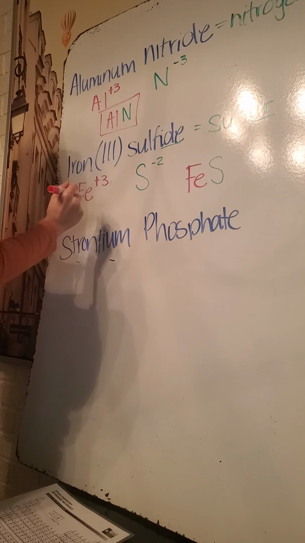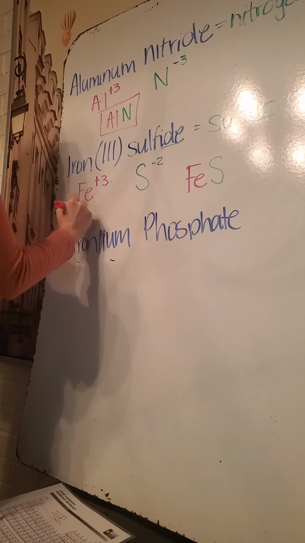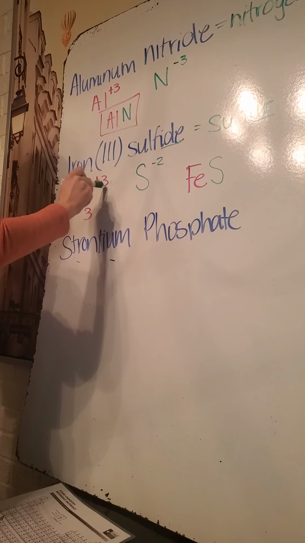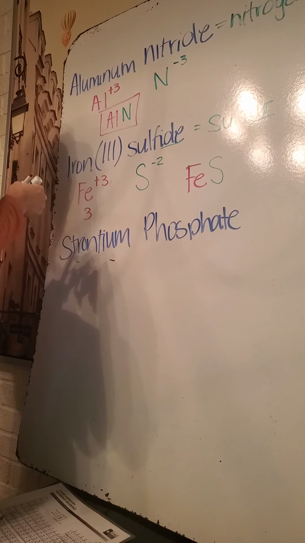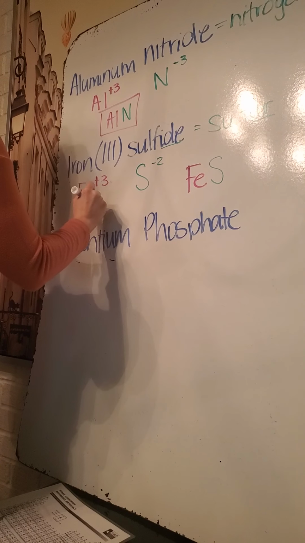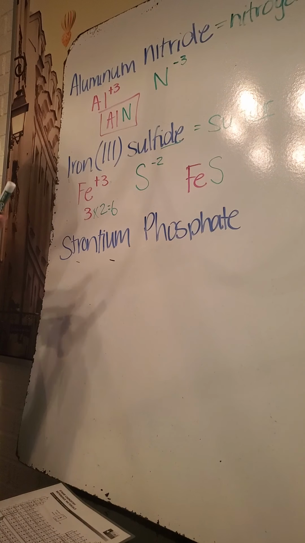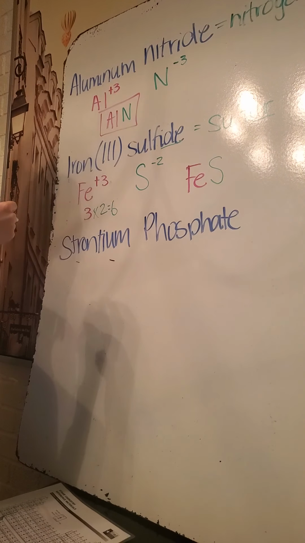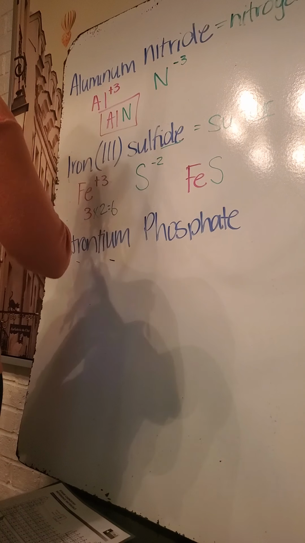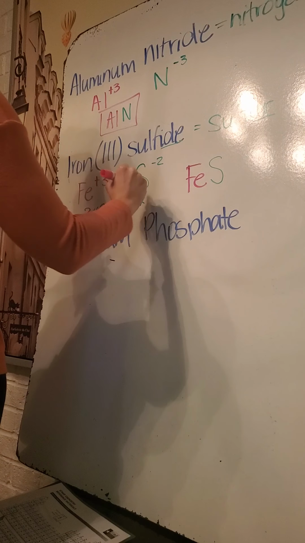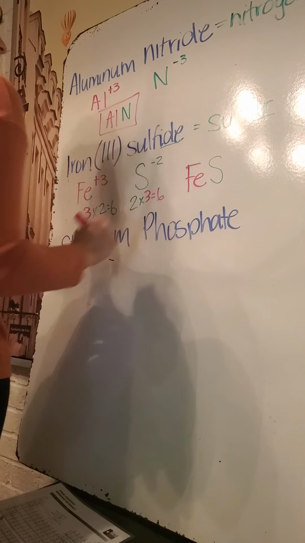But now we need to figure out how we're going to balance these out. The way I like to think about this is just basic multiplication. If we have +3 from iron and a -2 from sulfur, 6 is going to be the closest number that both of them will equal to. So in this one, we're really doing 2 times 3 equals 6.